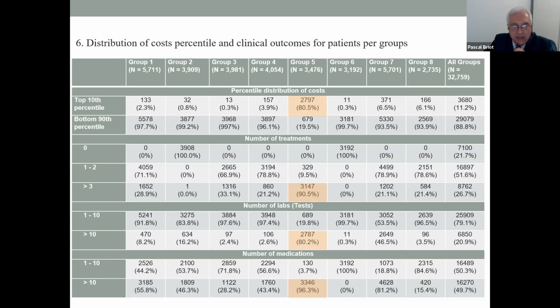So group 5 again, we felt was really the group of high utilizers, pretty much identified all by itself, with very high number of treatments, very high number of tests, and very high number of medications. Next slide.